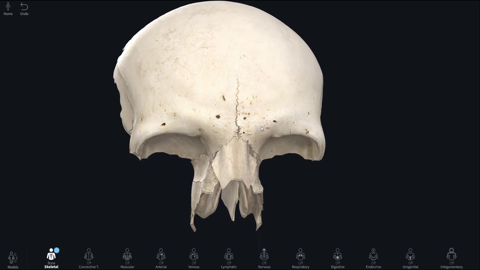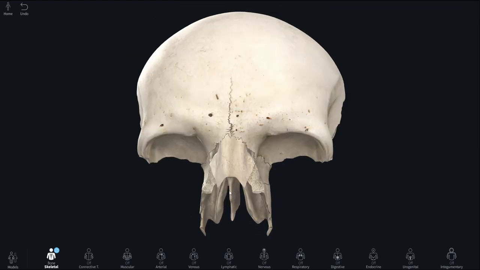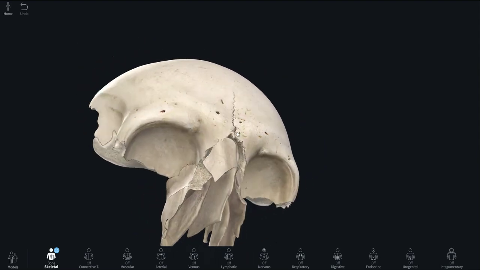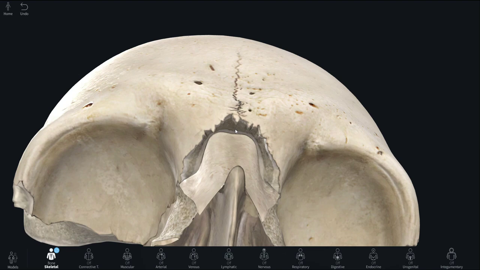Okay, so this perpendicular plate of the ethmoidal bone, this over here, it actually is projecting upwards, superiorly, and if we are to see it carefully, the problem here is that the triangular nasal spine is not that demarcated.